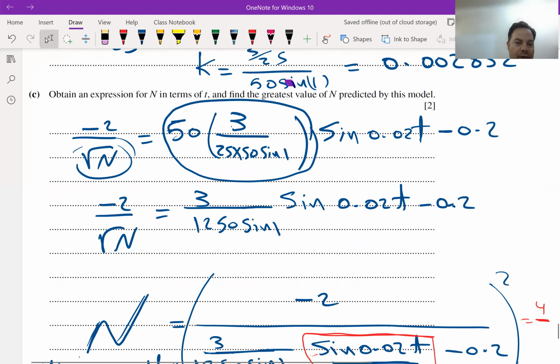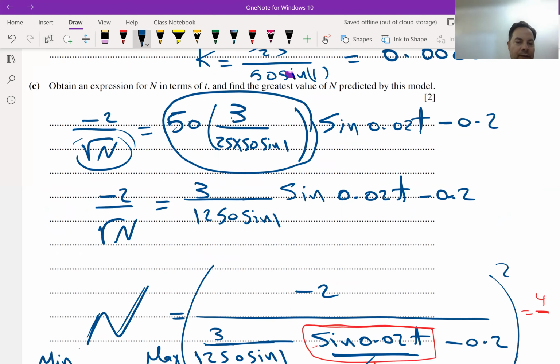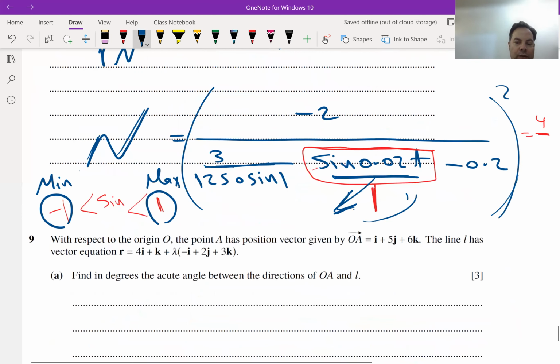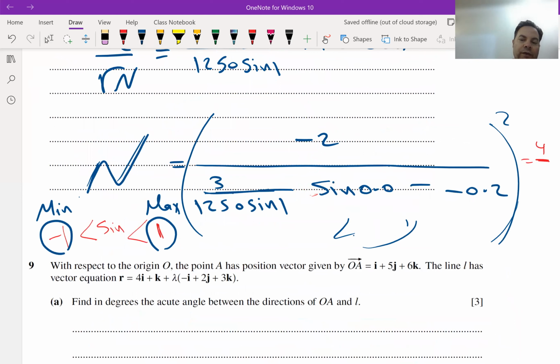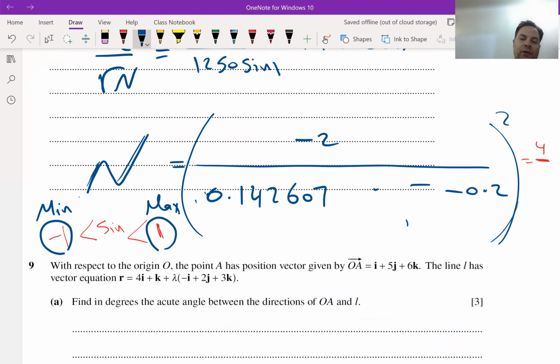I will start from this part. 50 times 3 divided by 25 multiplied by 50 multiplied by sine 1 is equal to 0.142607.